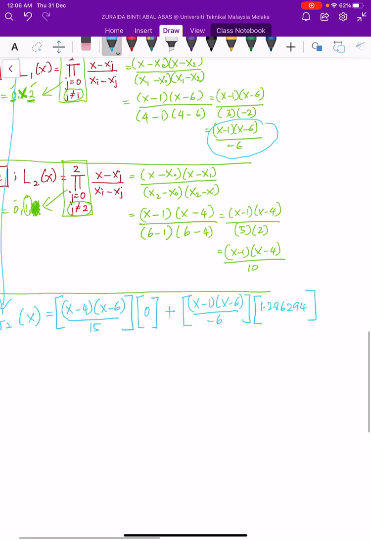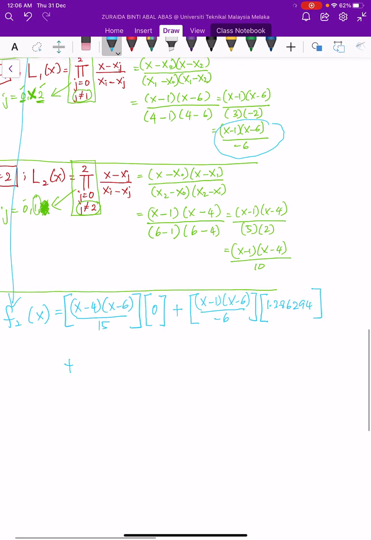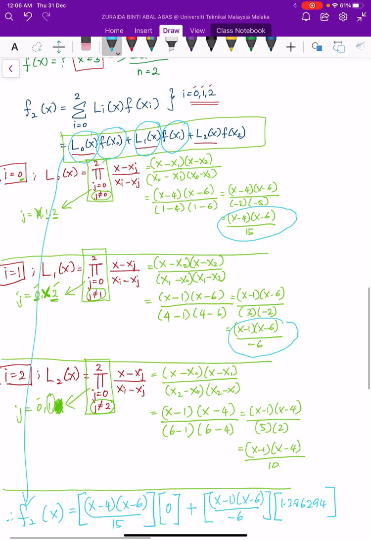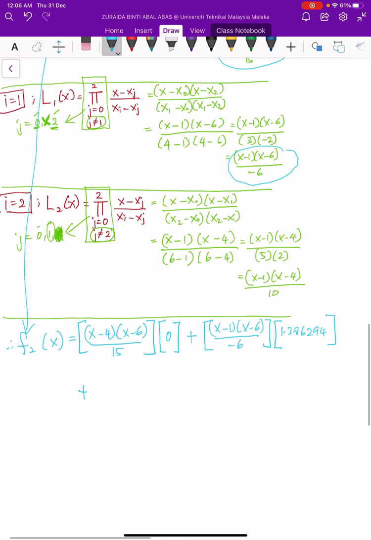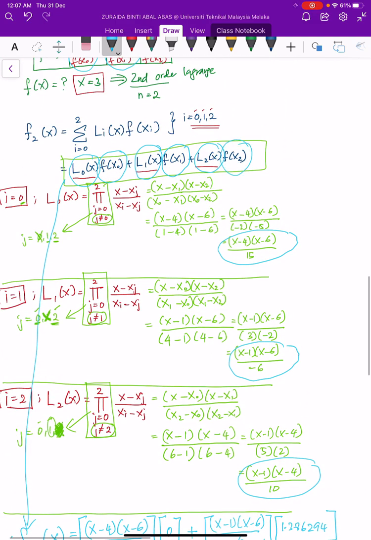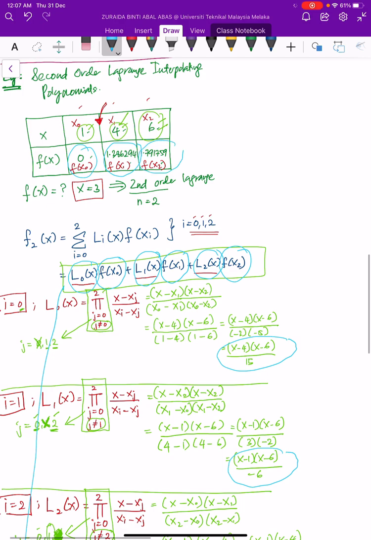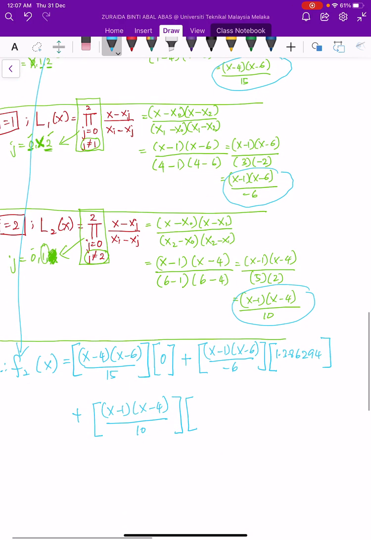Then next, plus, remember the next one is L2x. Our L2x is this one, so that will give you x minus 1, x minus 4, divided by 10, multiplied by f of x2. Our f of x2 is this one, so that will give you 1.791759.